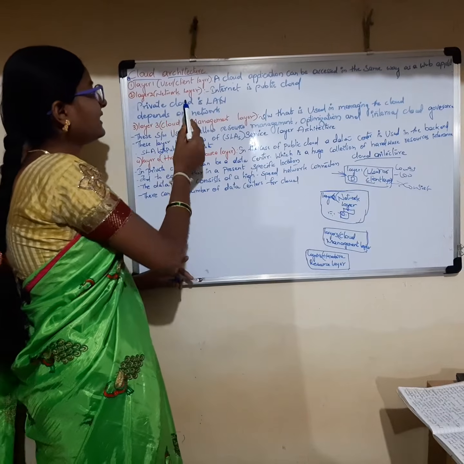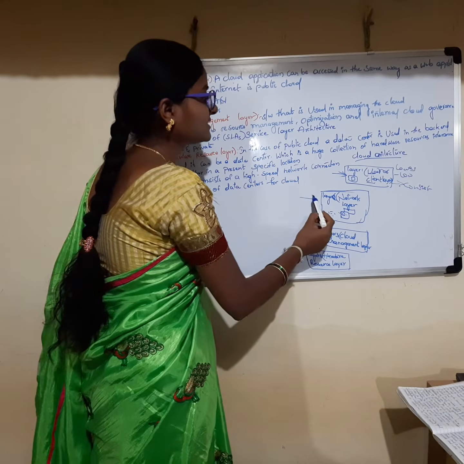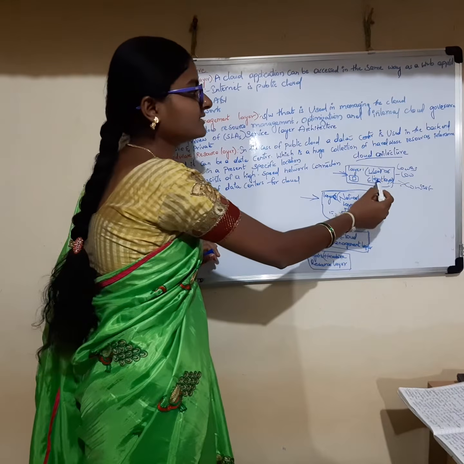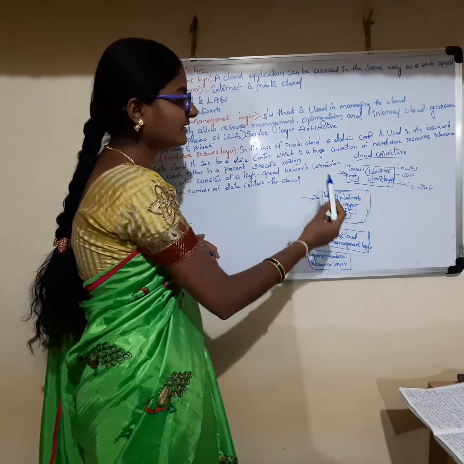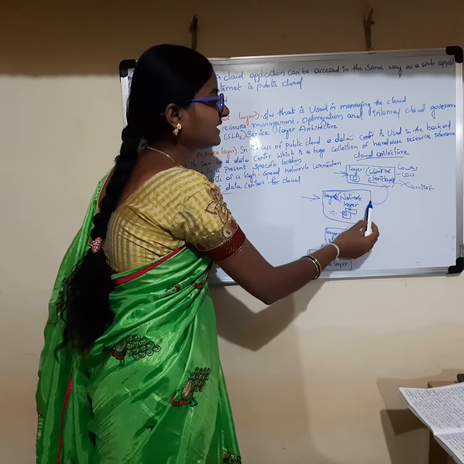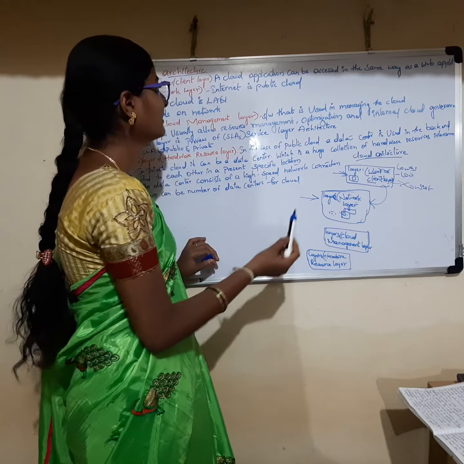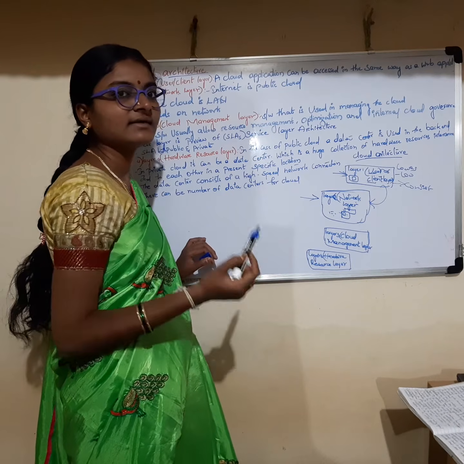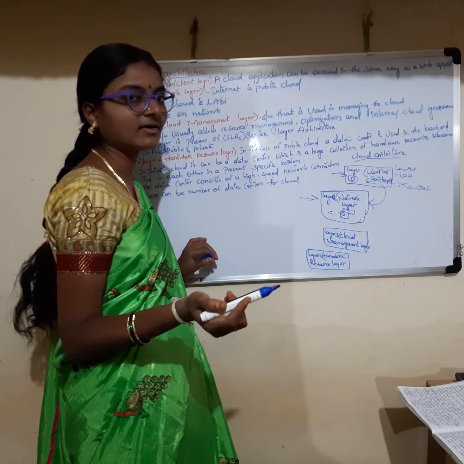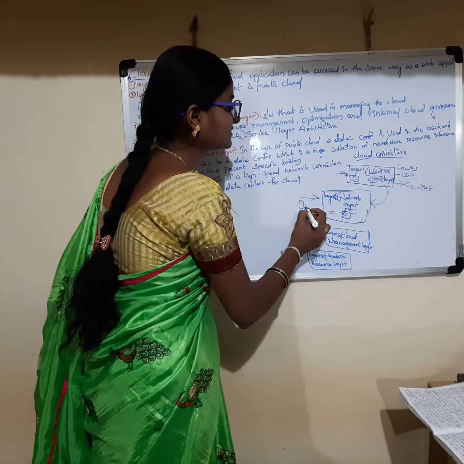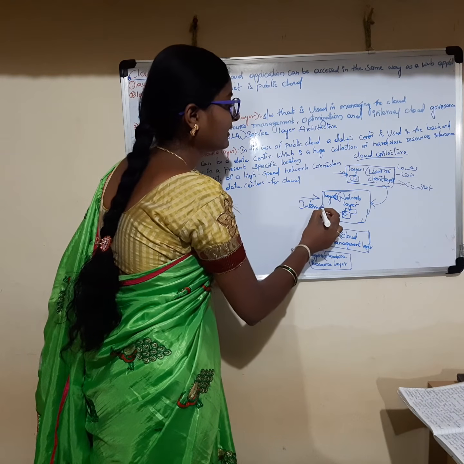And next, layer 2, the network layer. This is layer 2. After the user and client layer, the next layer is the network layer. Now we will see the network layer is the internet, the public cloud. In this, we use the internet, totally internet.